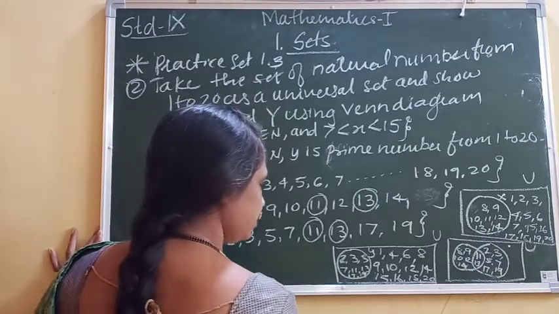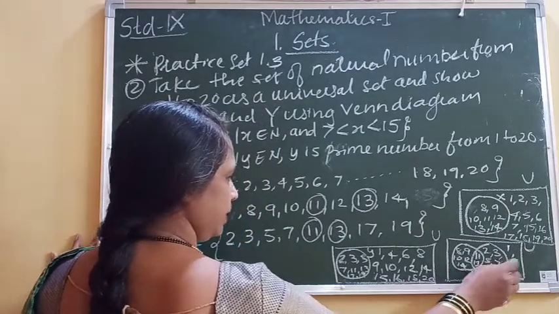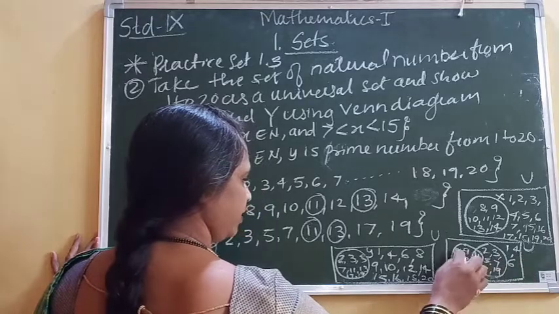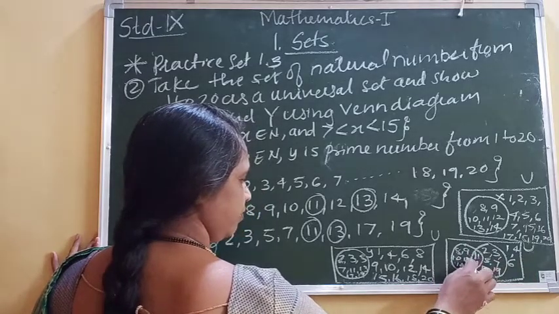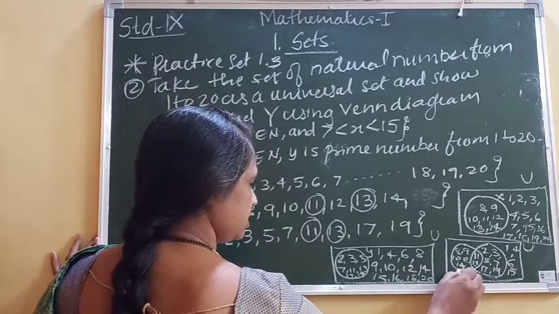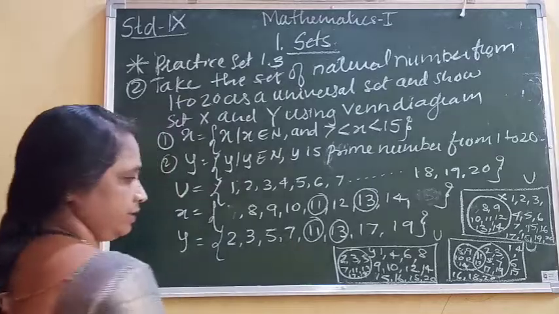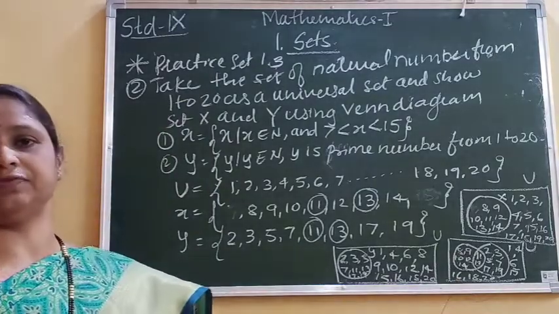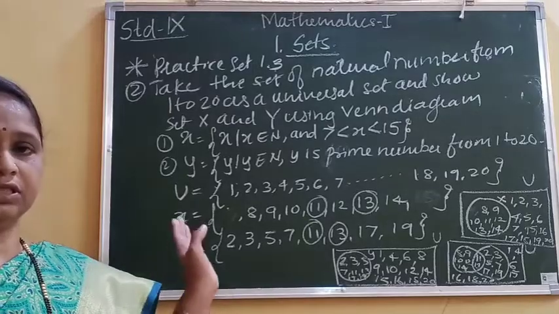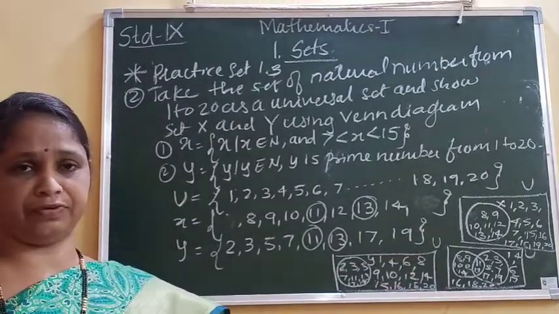The remaining in the universal set are the other elements from 1 to 20. See, all elements. In this way, you can draw the figure in 3 different ways. Okay, for this question's answer you have to draw this figure in 3 different ways.